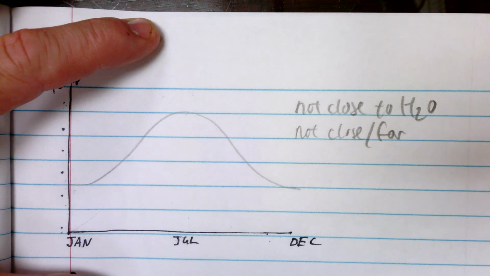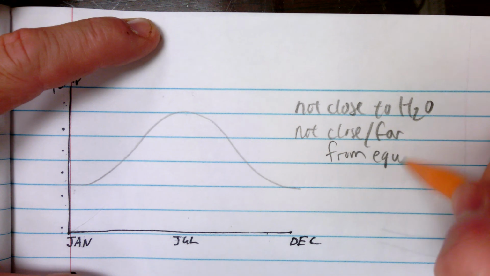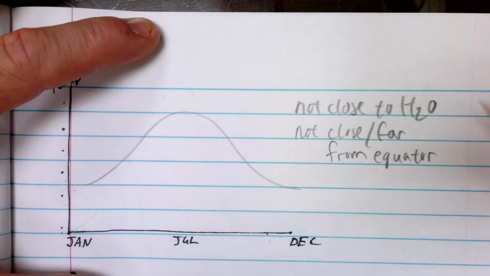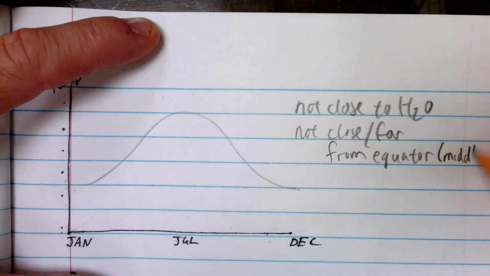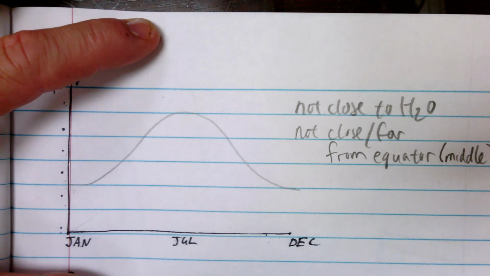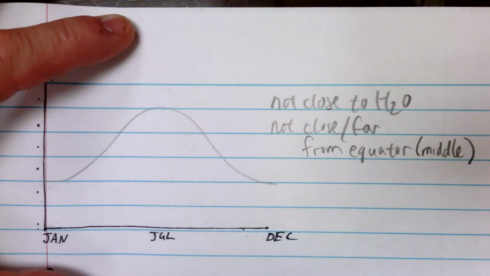We would say it's not close or far from the equator. Let's say it's kind of in the middle. So we wouldn't call it a northern location, but it's also not equatorial as well.